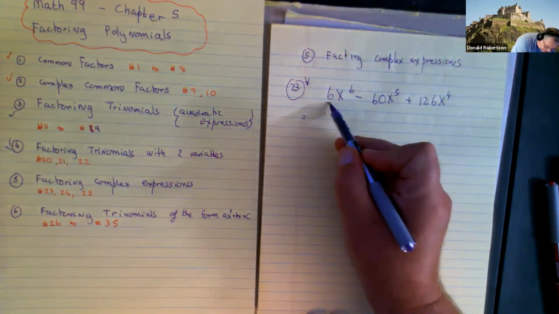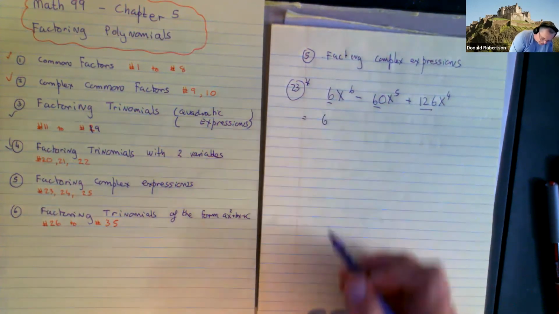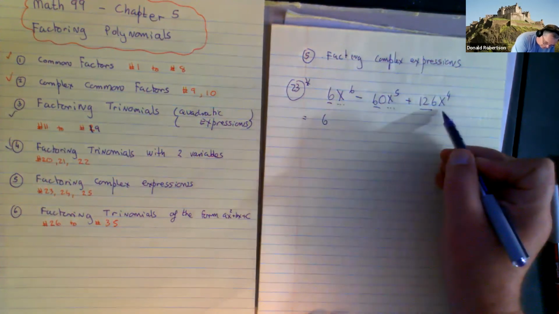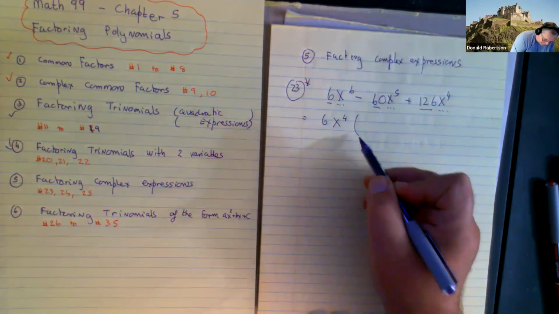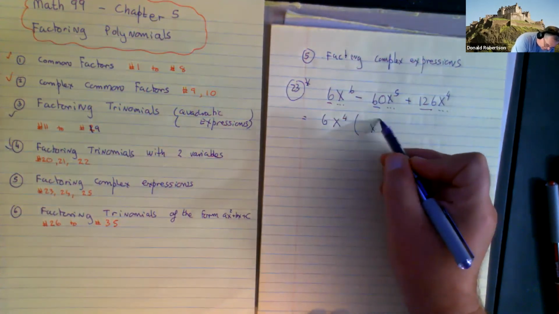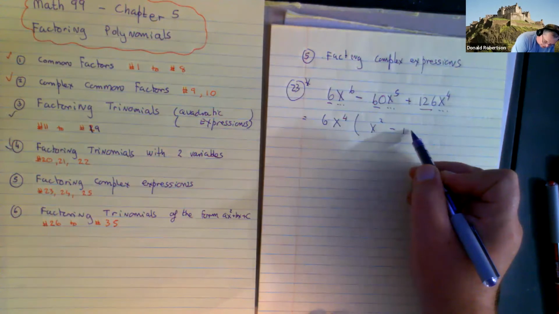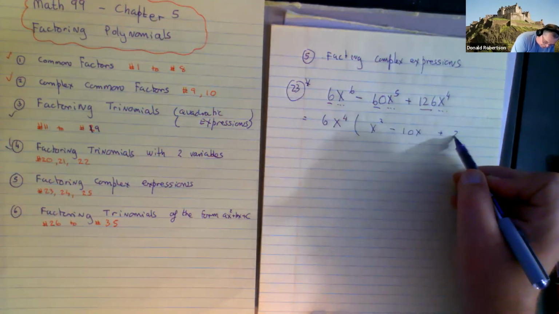So I'm looking at 6, 60, and 126, and I happen to know that 6 works for all of them. I have an x to the 6, a 5, and finally an x to the 4. So I'm going to do x to the 4. And that leaves me with an x squared, take away 10x, plus 21.